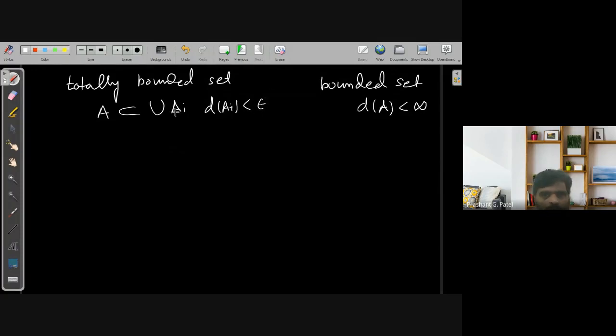If I give you epsilon, according to that you should be able to find each Ai and they will cover this A. That is the definition of a totally bounded set. So which one implies which one? Whether this is true or this one is true. That means, is every totally bounded set bounded, or is a bounded set totally bounded? What is your opinion regarding this?